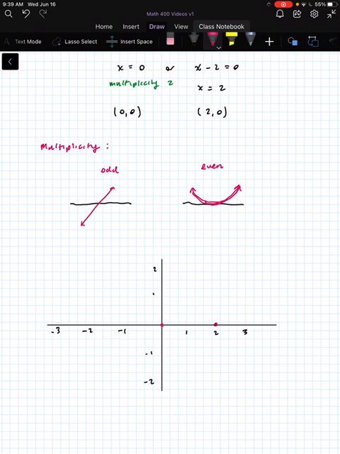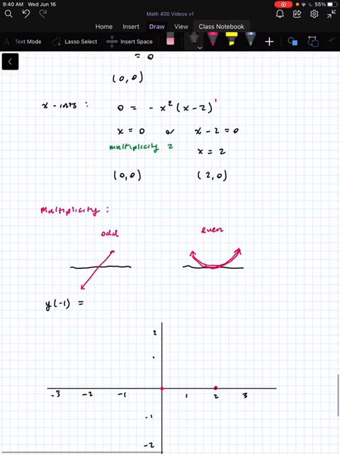What we can do is find another test point. So let's plug in negative 1. So y, when you plug in negative 1, gives you negative 1 squared times negative 1 minus 2, which is negative 1 times negative 3, which is positive.